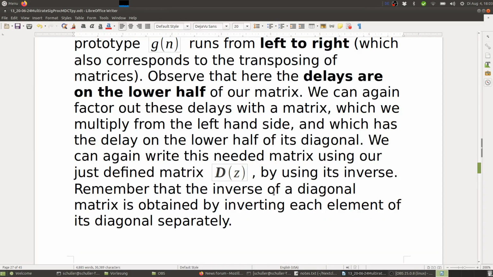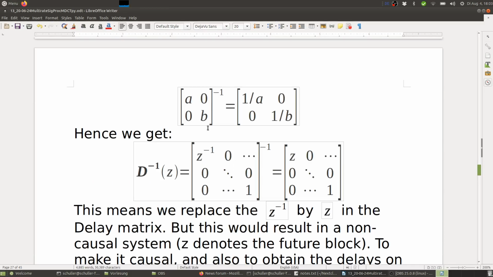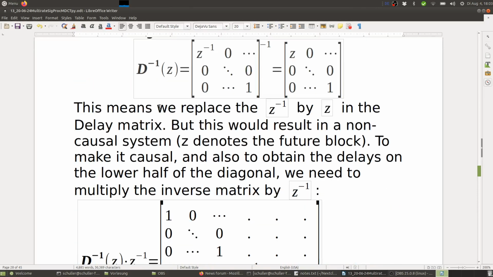Remember that the inverse of a diagonal matrix is obtained by inverting each element of its diagonal separately. So here you can see it. So that means inverting our delay matrix results in z to the plus 1. This means we replace z to the minus 1 by z in the delay matrix.